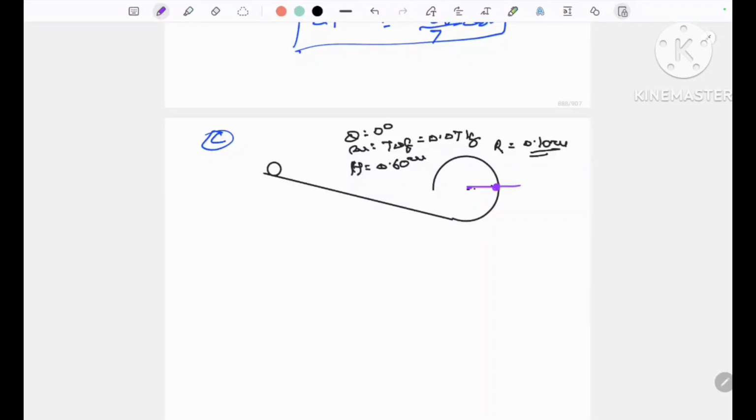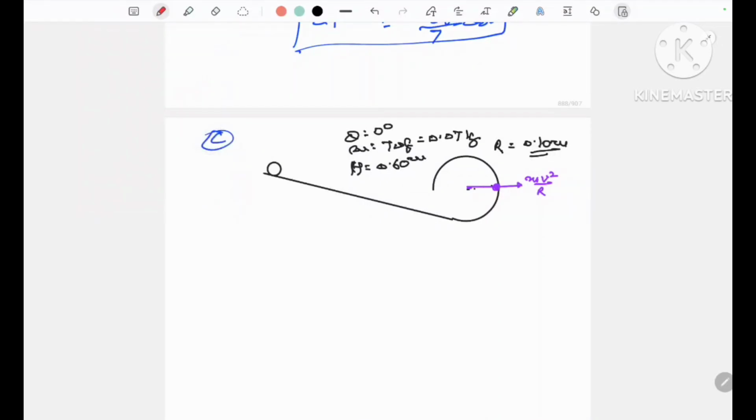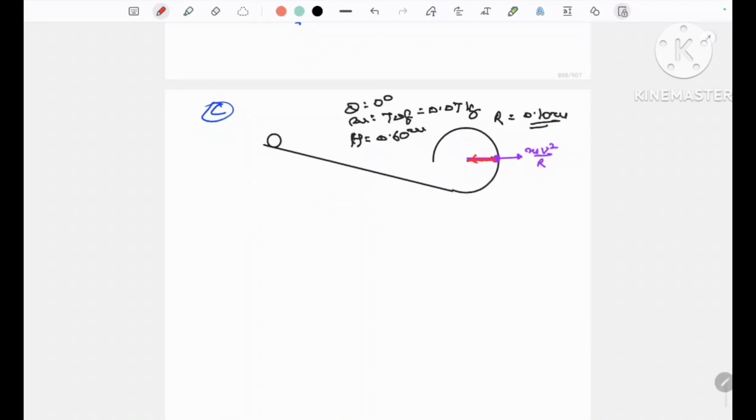यहाँ पर इस पर एक outward force act करेगी, centrifugal force mv square by r, and normal reaction of the track will be in opposite direction, and N will be equal to mv square by r.